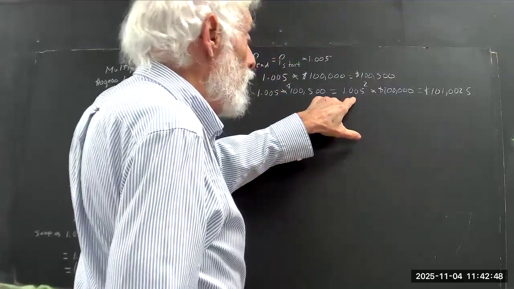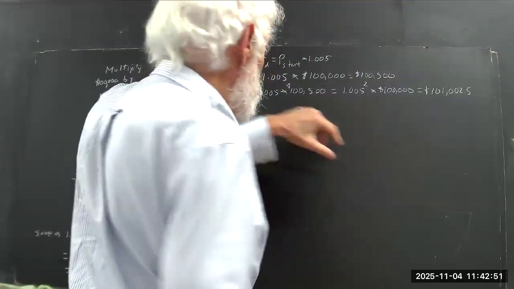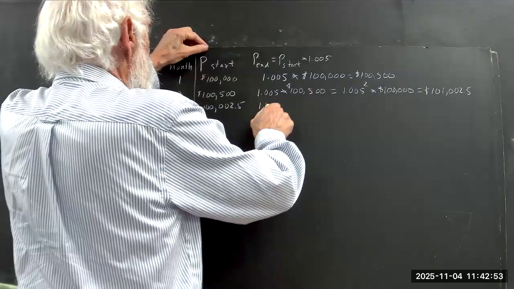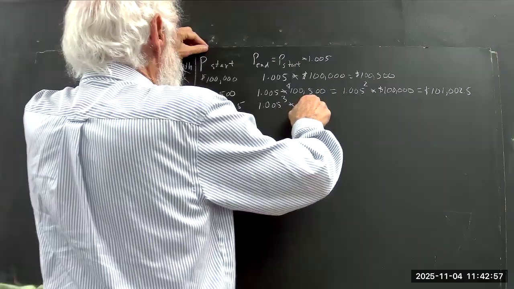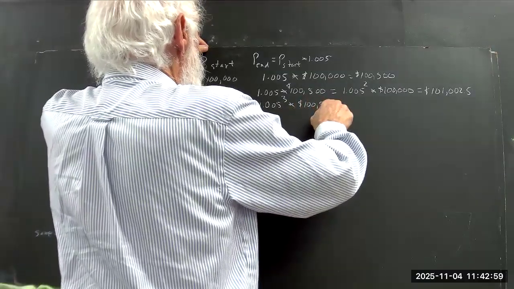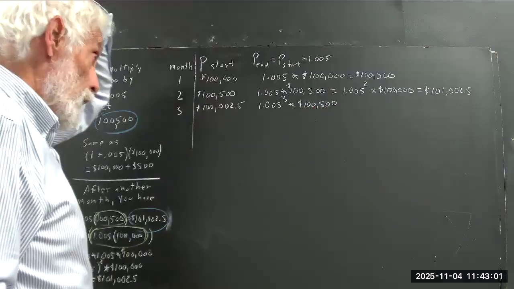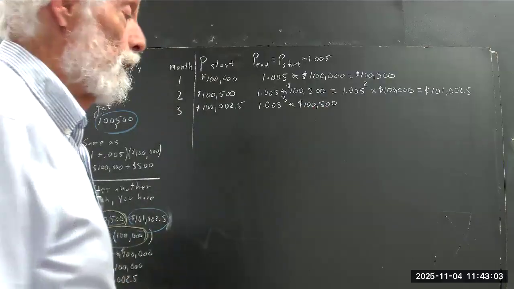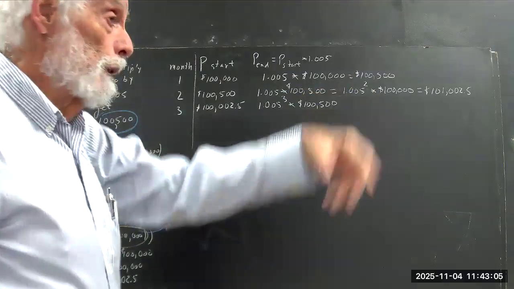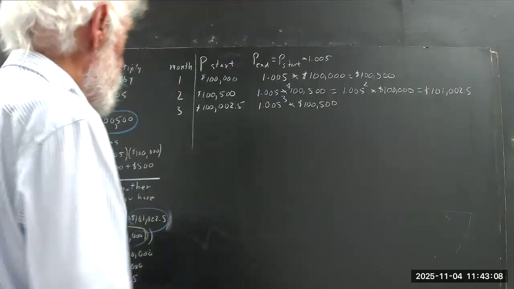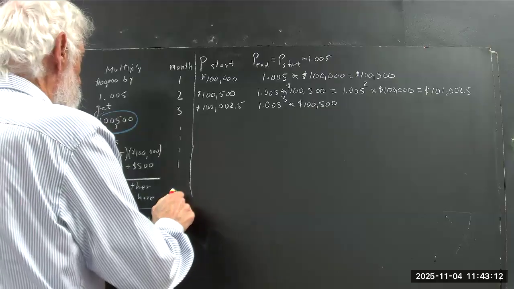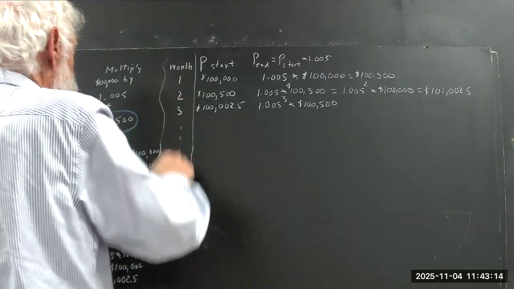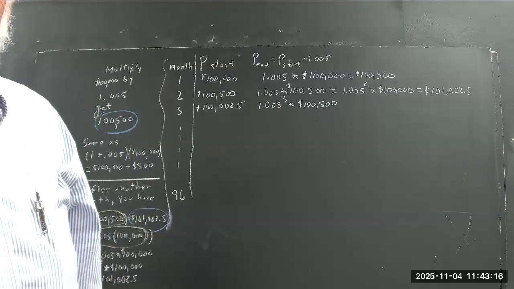So when I multiply this by 1.005, I get 1.005 cubed times $100,000, okay? So I'm not even going to write that out, because what I want to know is how much do I have after 8 years, which is 96 months, okay?